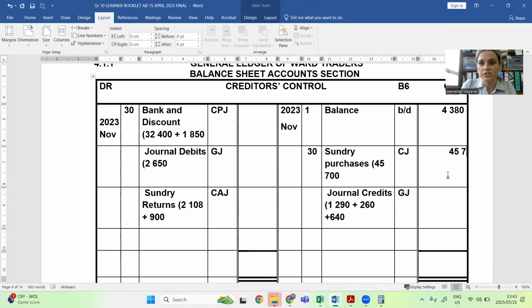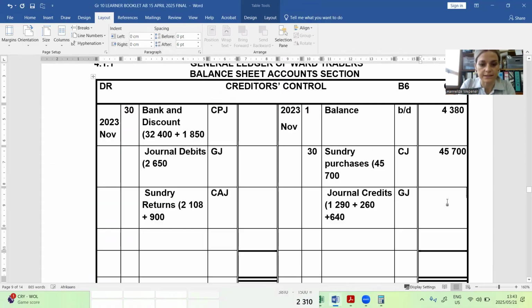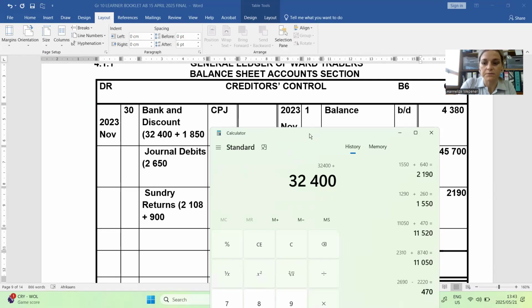So no changes to the sundry purchases. Looking at the journal credits, we added on to that. So that's now 2,190. Oh my gosh, this thing is lagging. And then over here, we have 32,400 plus 1,580, so 34,250.